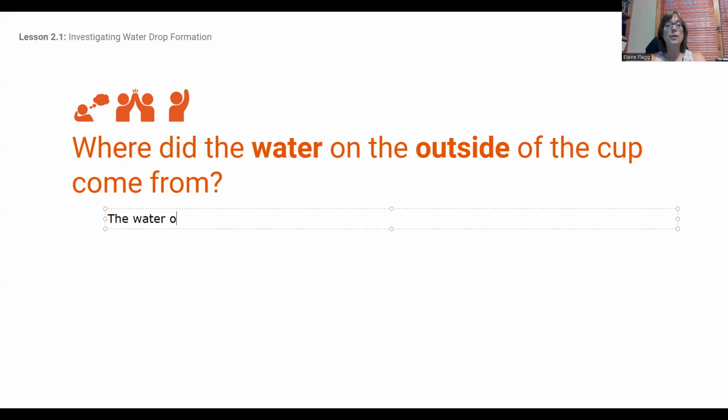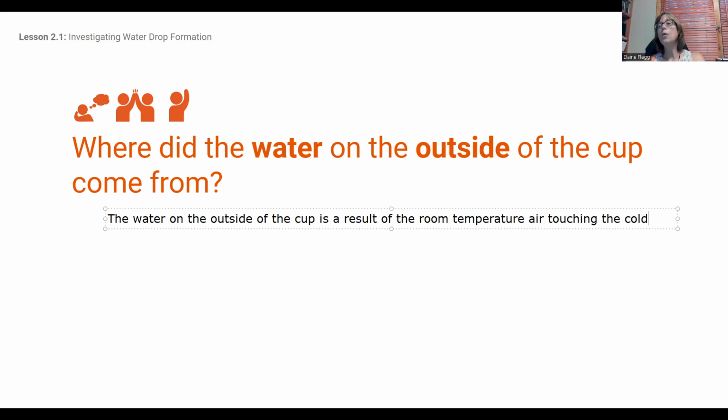So the water on the outside of the cup is a result of the room temperature air touching the cold cup. Because when you put the ice in it, it becomes cold. And that difference of temperature is what makes that happen. Okay.